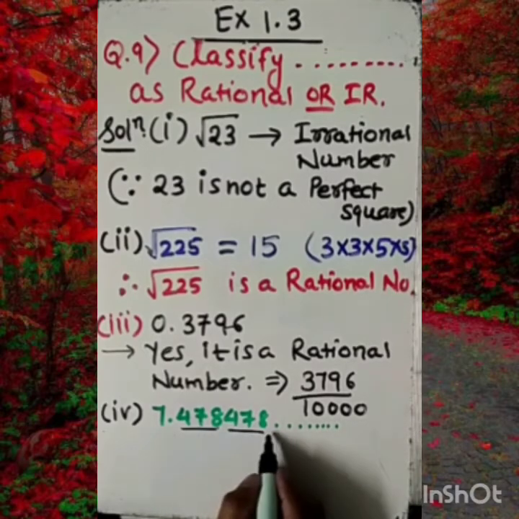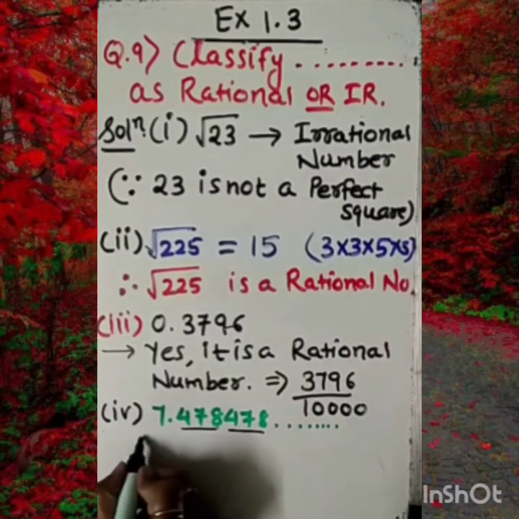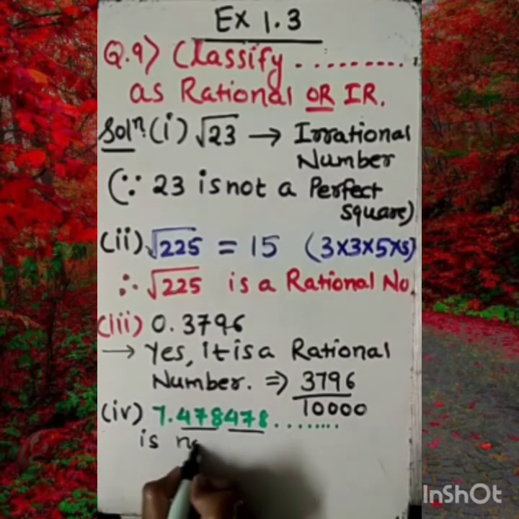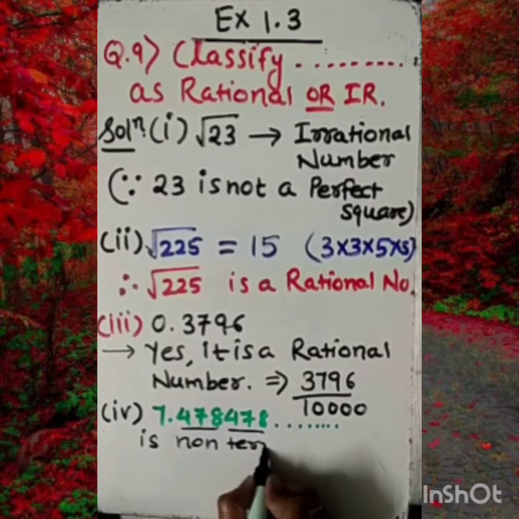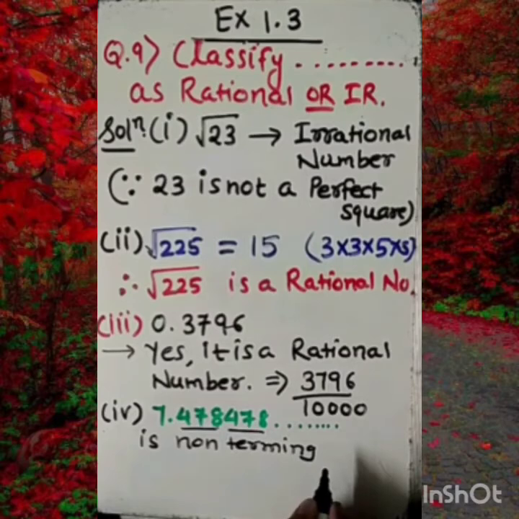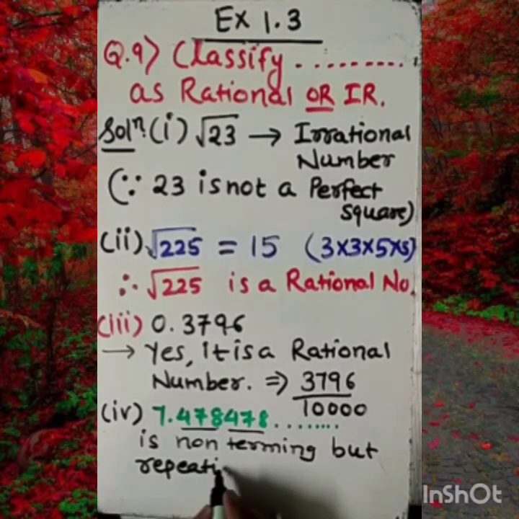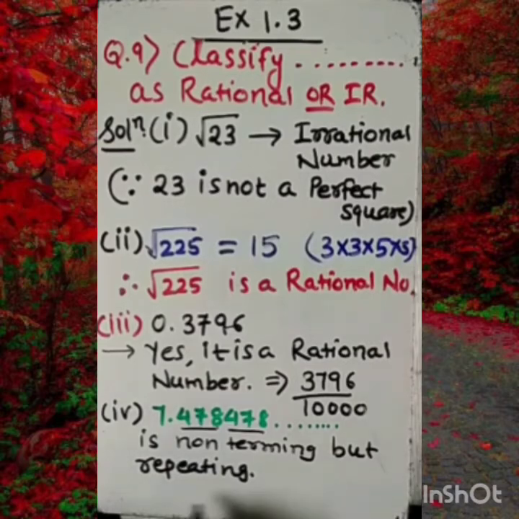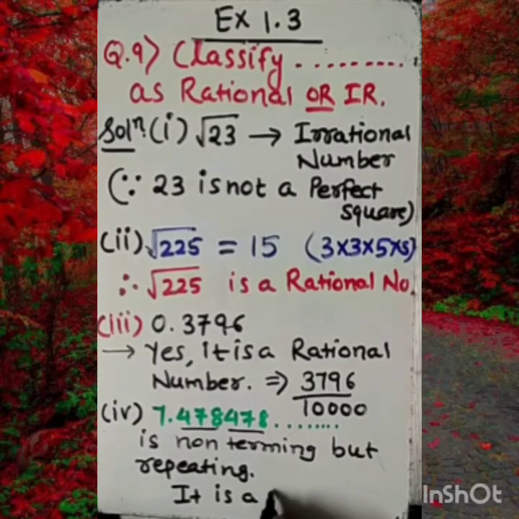It is repeating. So we need to write that this number is non-terminating, going on and on, but repeating. And whenever a number is non-terminating and repeating, we can say that it is a rational number. So this number is a rational number.